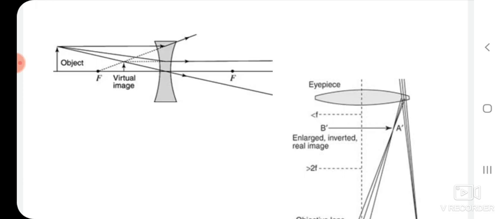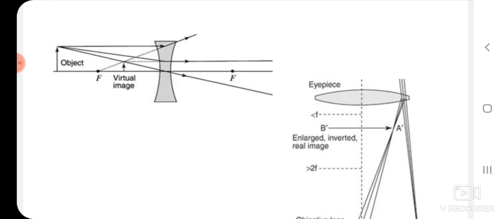If O is greater than 2f, the image is inverted, smaller and located between f and 2f, on the opposite side. If O is equal to 2f, the image is inverted, the same size as the object and located at a distance 2f.